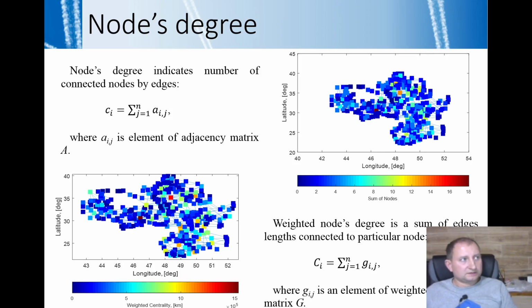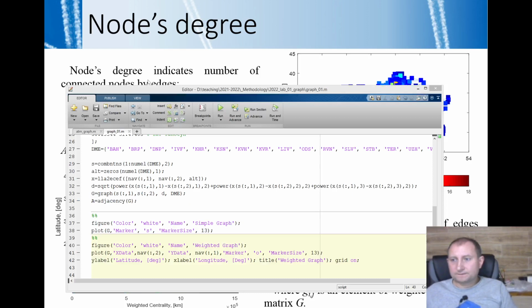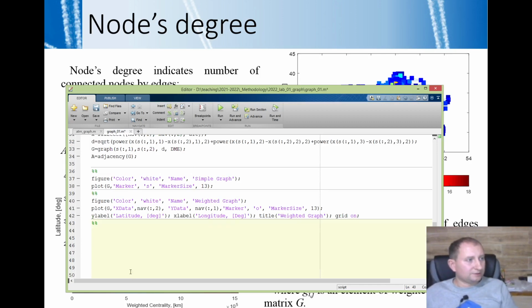That's why let's start from nodes degree. I will switch to my figures. Also, I will create a new section because I would like to prevent resimulating all the code again. That's why I will open a new section and then continue typing in this section.